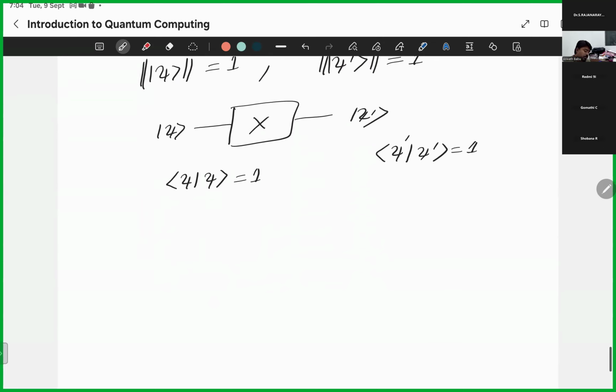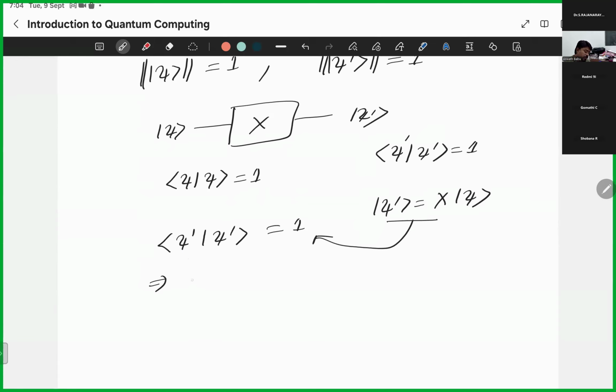So psi prime inner product psi prime is 1. By the way, what is psi prime? Psi prime is X into psi. So if you replace this equation into this, what you get is psi X dagger X psi, which is equal to 1, so this quantity should be 1.